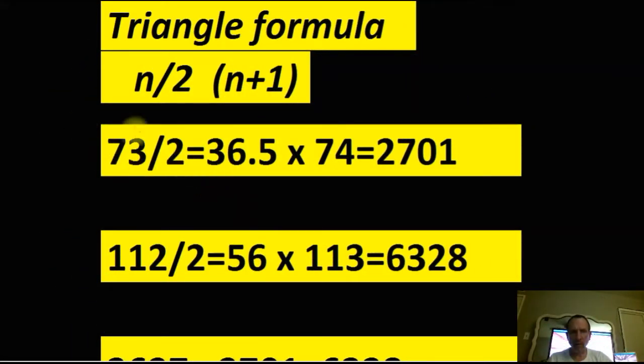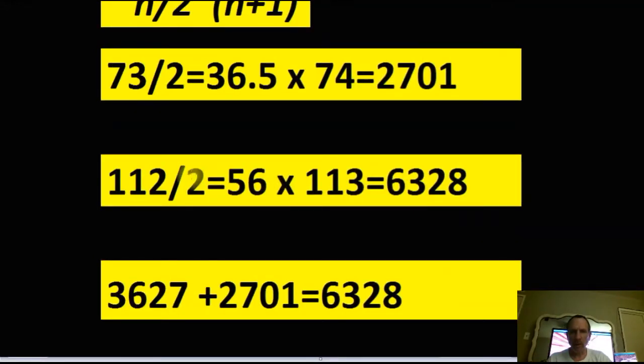So we see the triangle number and star number 73 divided by 2, which is 36.5, which times 74 is 2701, the Hebrew gematria value for Genesis 1:1. We show here the 6328, which equals John 1:1 plus Genesis 1:1, 6328.